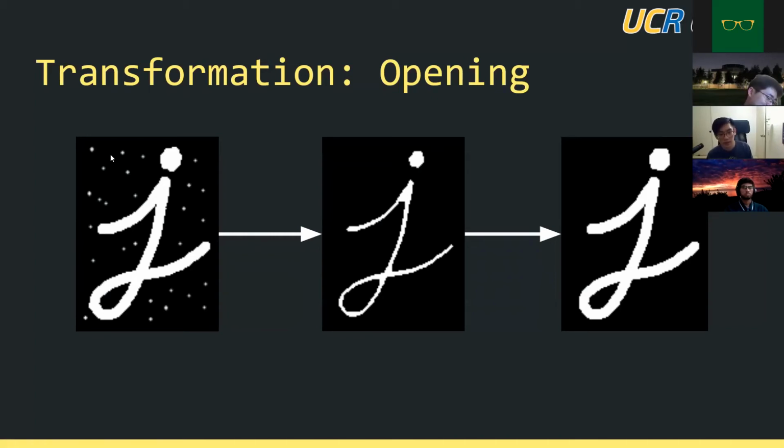These dots are a little bit too small to survive the erosion. Because the entirety of these white dots are touching black pixels, they're eliminated. And then we get rid of the outsides of that J because they are touching the black pixels. And then we have a skinny J.